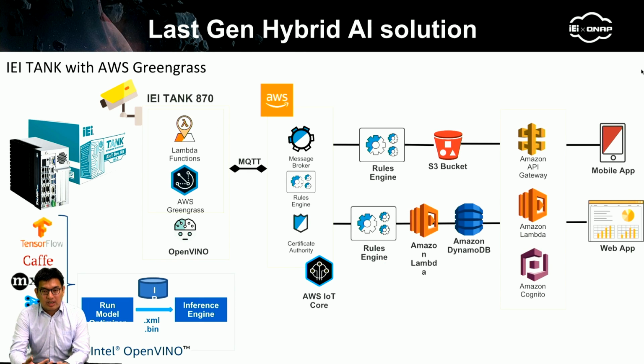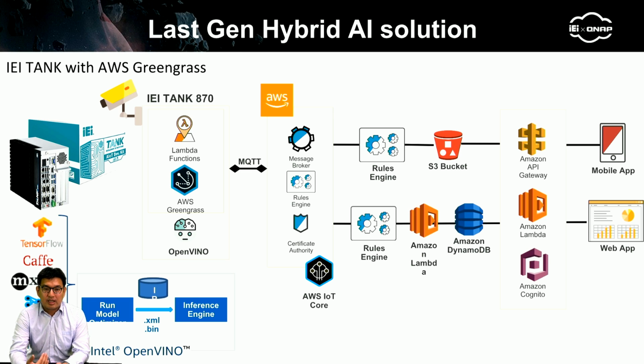But even though we are a turnkey solution for a private cloud, most of our customers also have a question about how to work with QNAP or IEI if they already have a public cloud service. Actually, we can do a hybrid cloud AI solution. And this is a case study that we did with AWS. Now the IEI Tank has already passed the AWS Greengrass verification.